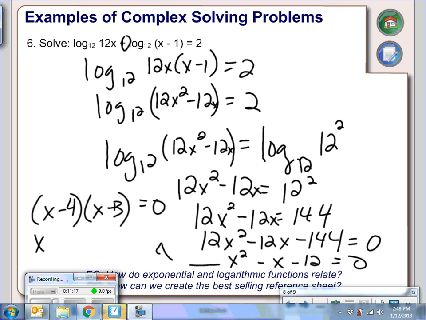Again, x equals 4 and x equals negative 3. I always check my solutions when I have two different properties, and the negative 3 would not work if I was to plug that back in. So I cross it out, and I'm just left with x equals 4.